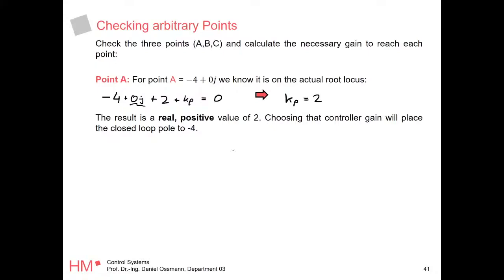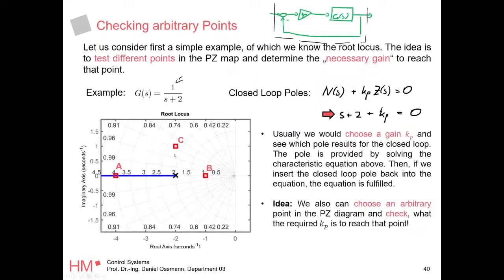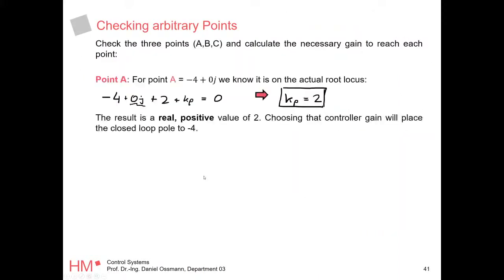But for now, we are holding the result is real and positive, and it's a value of 2. It means if we select a gain of 2, we place our closed loop pole at -4. Okay, so now this was kind of expected, because we know that this point is on the root locus curve.